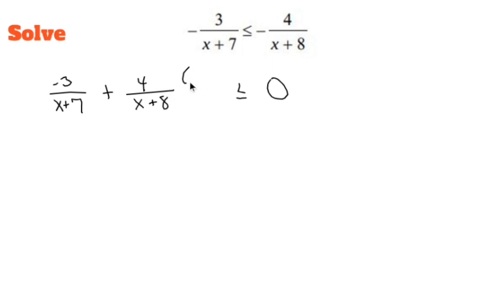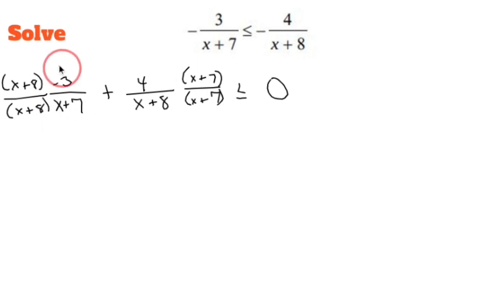So I'm going to multiply by x plus 7 over x plus 7, and I'm going to multiply by x plus 8 over x plus 8, like so. Now I'm going to use the distributive property. That gets me -3x minus 24. I'm going to use the distributive property again.